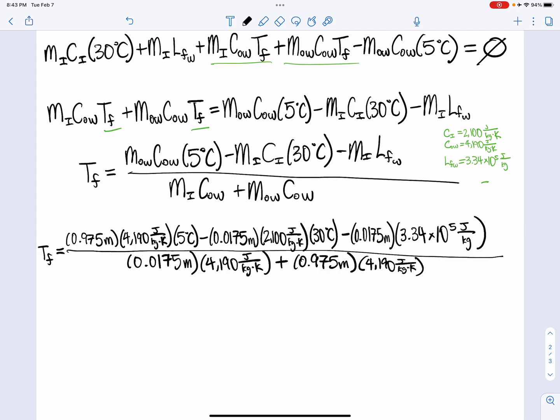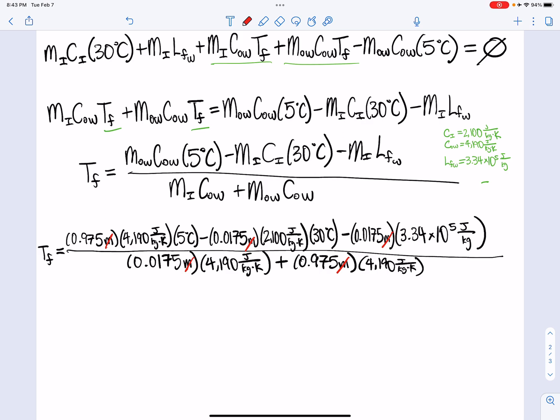All right. And if you notice, each term has an M, right? So we can cancel those out. The top M and the bottom M cancel each other out, okay? So cancel, cancel, cancel, cancel, cancel.